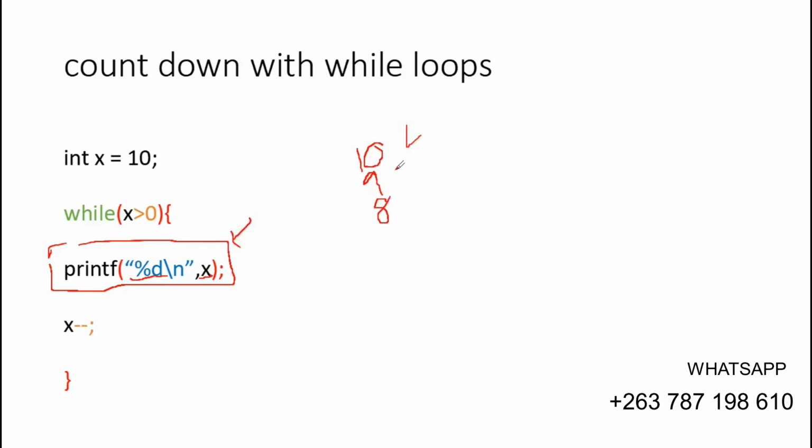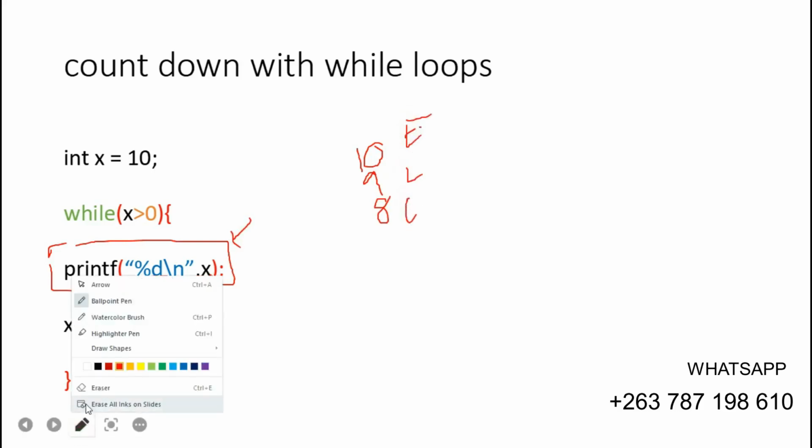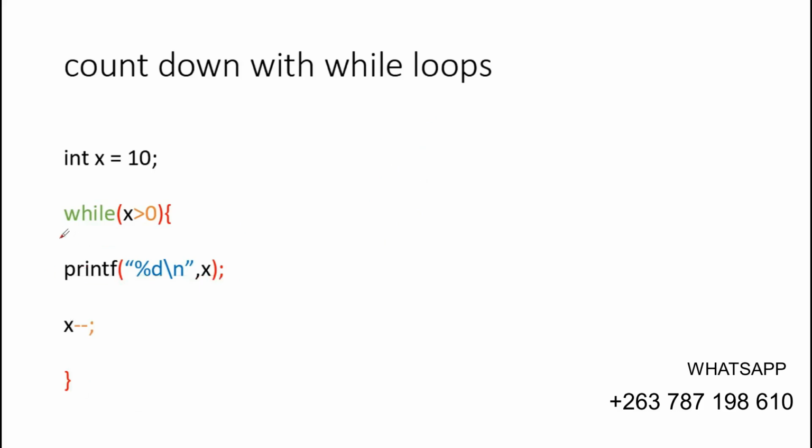This is the result from the current loop, and you do this until this is false, until this condition is false. Let's say it kept printing, and let's say x is now equal to 1 in this line.